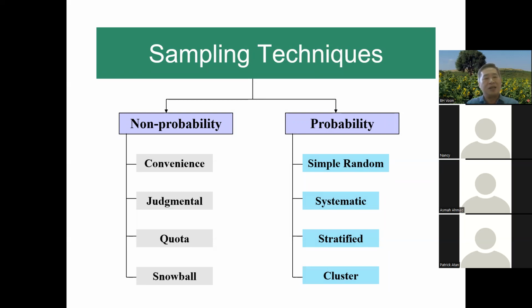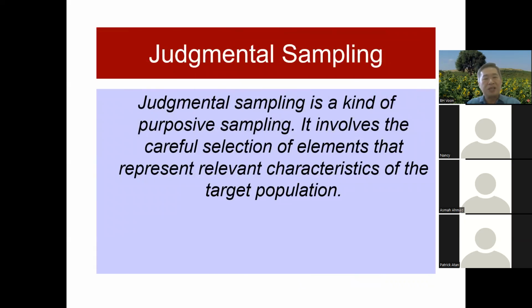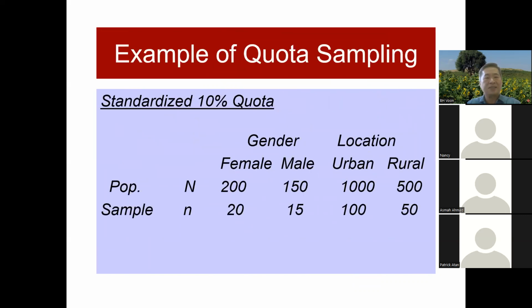These are some of the non-probability sampling techniques, like convenience sampling, judgmental sampling, and quota sampling, which are commonly used, especially for qualitative research, whereby the information is not conclusive. It's for your initial investigation of the problem.